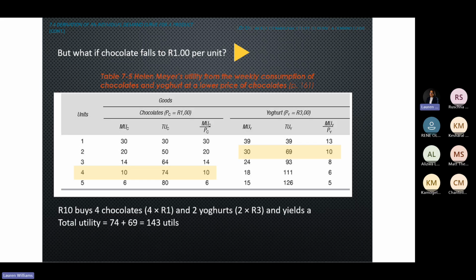My initial budget for chocolate was 2 Rand. But now if it goes down to 1 Rand, I can double the volume of goods that I consume. So if the price of chocolate now falls, I can purchase 4 units of chocolate and still 2 units of yogurt, and I'm still within my budget.